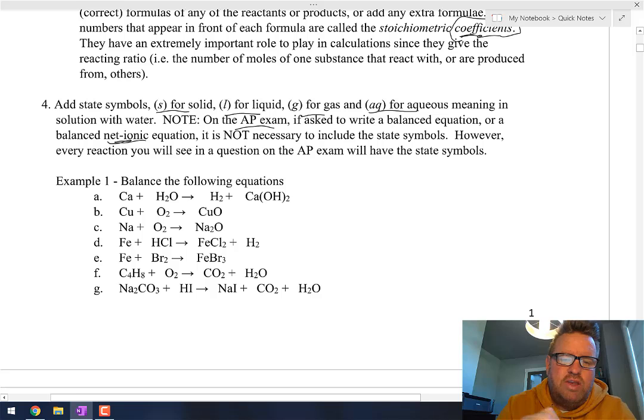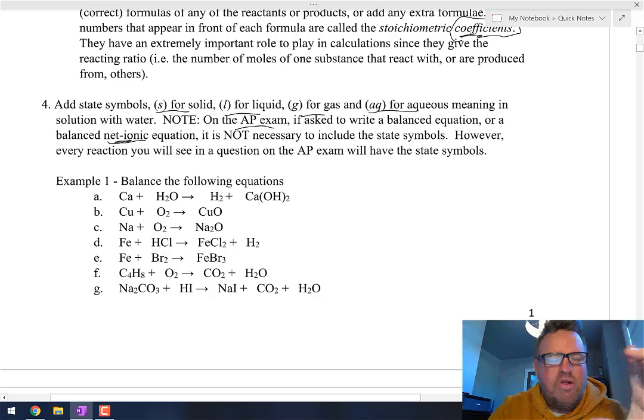Again, all we're trying to do when we balance an equation is obey what's called the law of conservation of mass. Not something you have to remember. The law of conservation of mass, sometimes also called the law of conservation of matter, says that every single atom has to be accounted for. You can't lose any atoms in a chemical reaction. I didn't say nuclear reaction; that's not part of the AP curriculum.